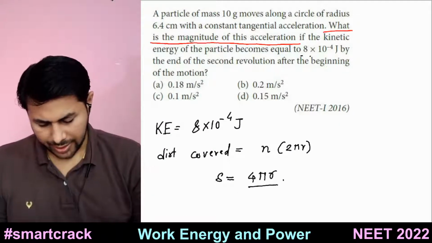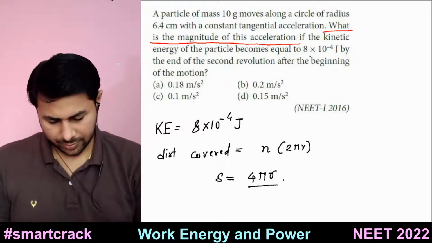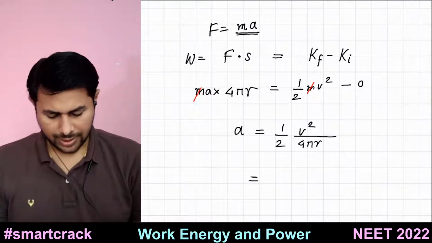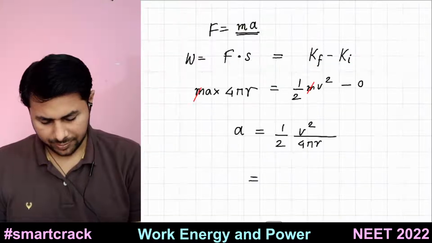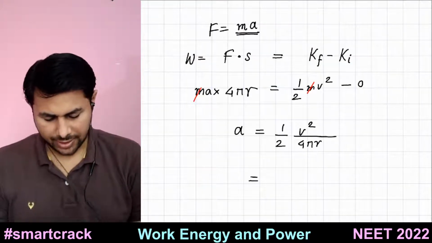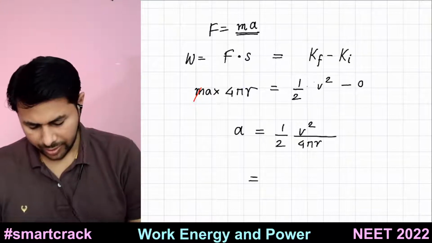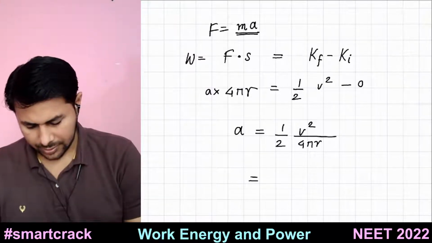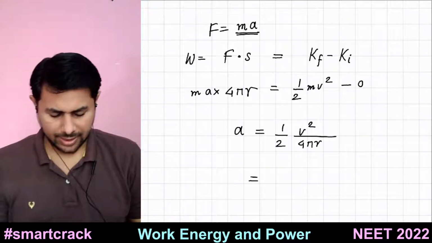So it is 8 into 10 raised to minus 4. Okay. So actually it is half of mv square. So we should not cancel m. Let m be there because we don't have velocity. What do we have? We have kinetic energy. Okay. So let's keep m as it is and let's move.